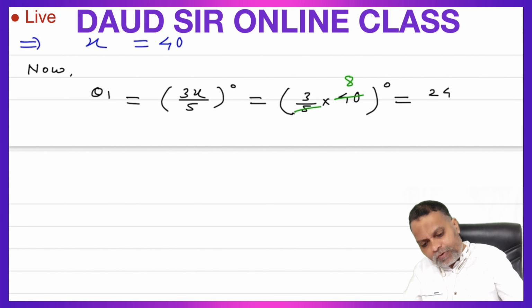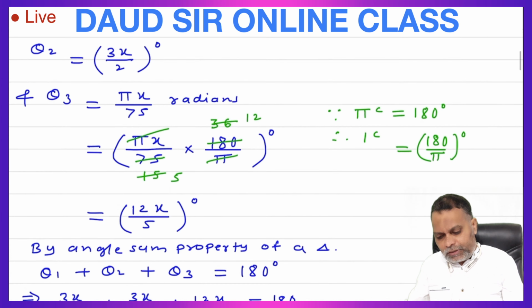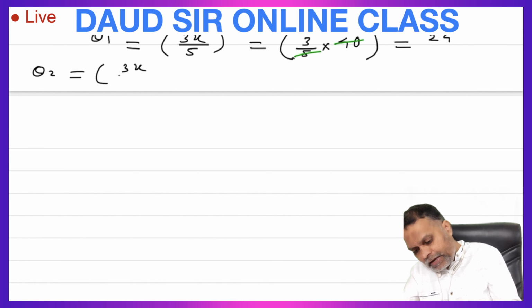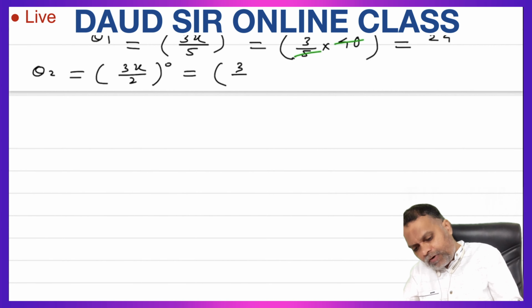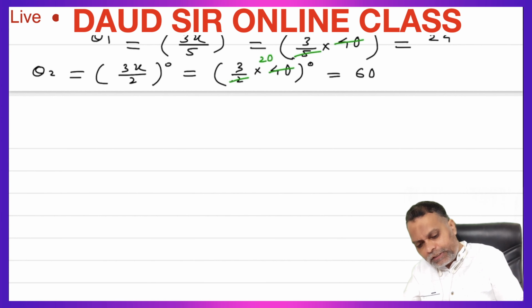So this is 24 degrees. Theta 2 is equal to 3x upon 2 degrees. This is 3 upon 2 into 40 degrees. Cancel by 2, 2 2s are 4 and 0, 20, and 3 20s are 60 degrees.